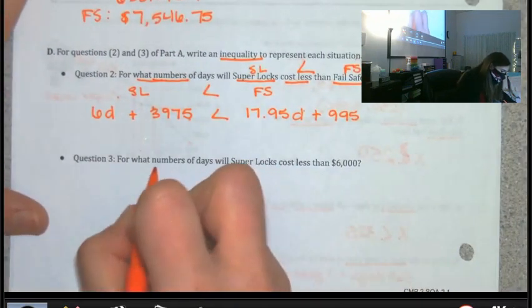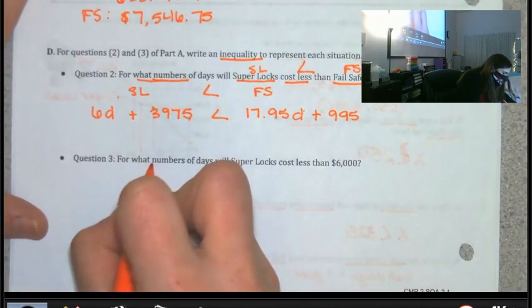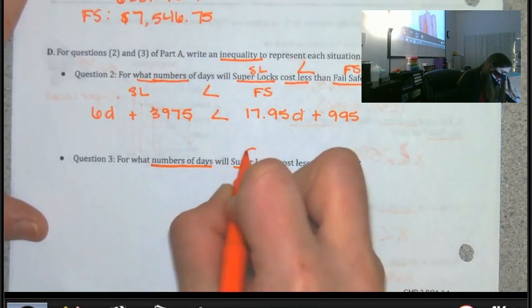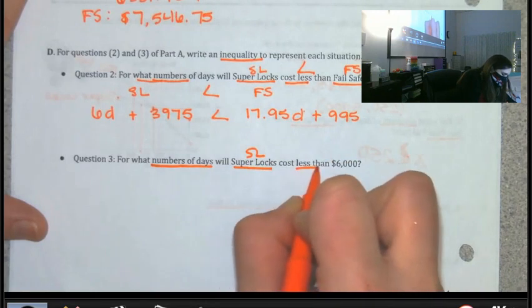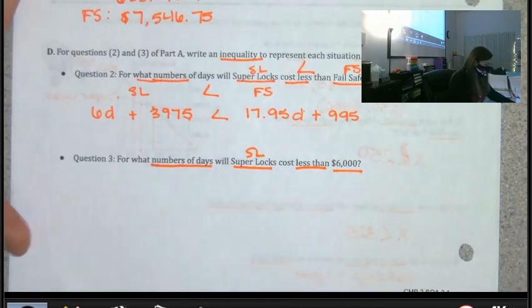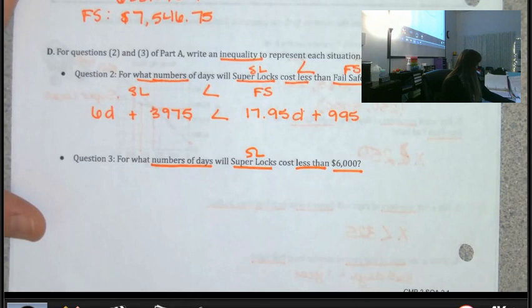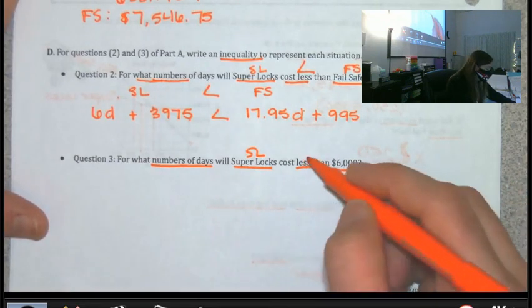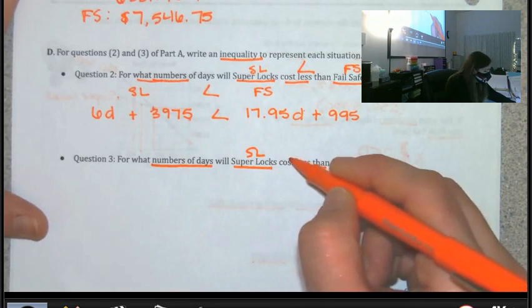So we need to write one more inequality. I want to write the inequality for the number of days Superlocks, SL, will cost less than 6,000. So which way does my alligator need to go? Does he need to eat Superlocks or does he need to eat 6,000?